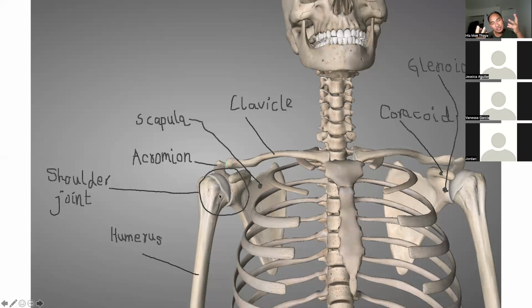The joint between the glenoid and the humerus is the glenohumeral joint. And this is our humerus. We saw the coracoid process, we know the glenoid process.